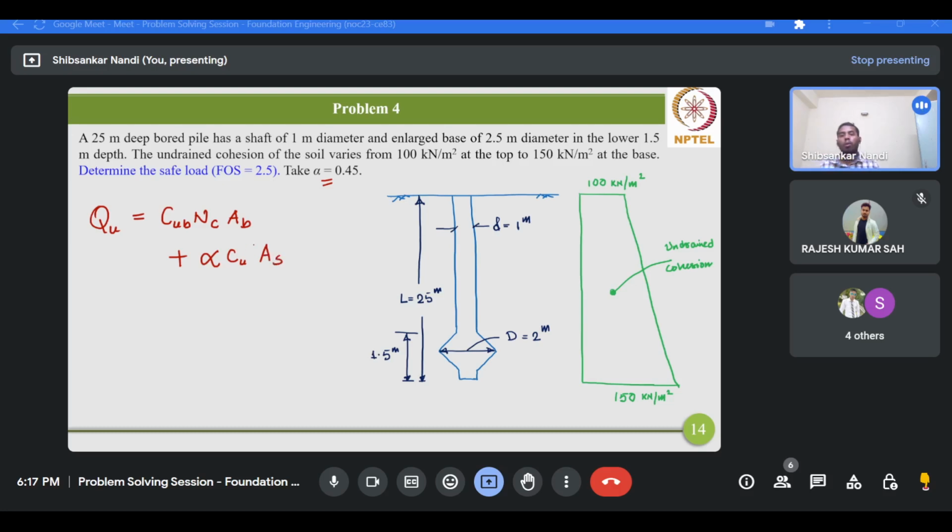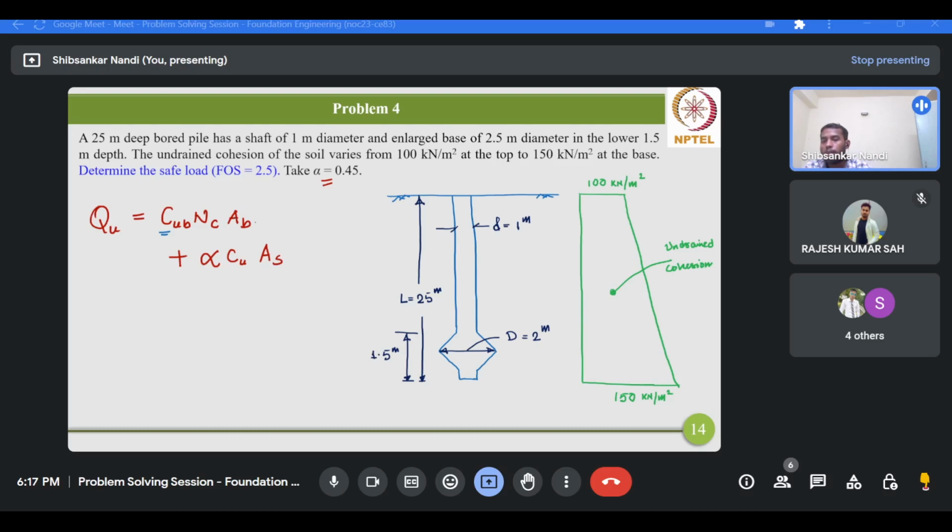Okay, so I am not changing the equation here. Now Cub is the undrained cohesion at the base of the pile. Nc is the bearing capacity factor contributed by cohesion of the soil. Ab is the base area of the footing, the base area of the pile.